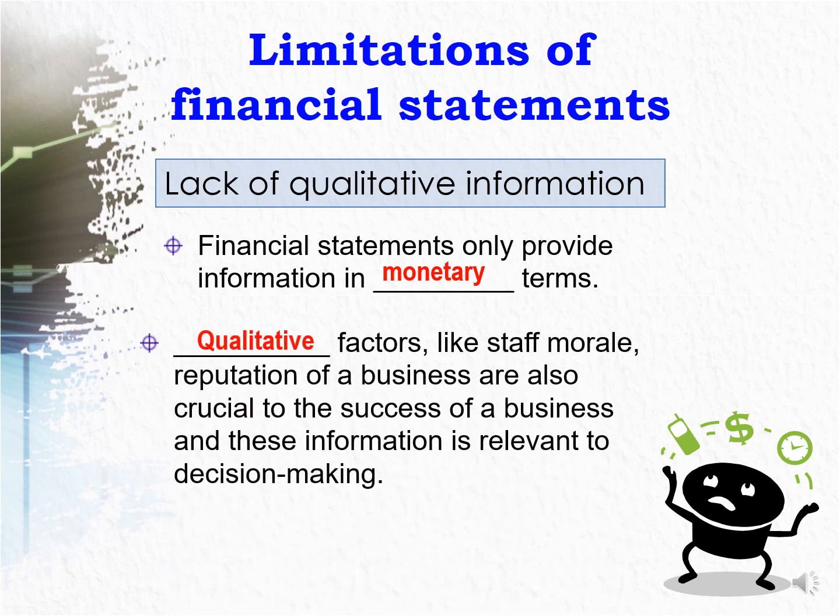However, qualitative factors like staff morale, for example, if your staff like the company, the staff belonging is very high, and the reputation of the business, are all essential factors for the business to become successful. However, this information we cannot see in the financial statement, but this information is relevant to decision making.